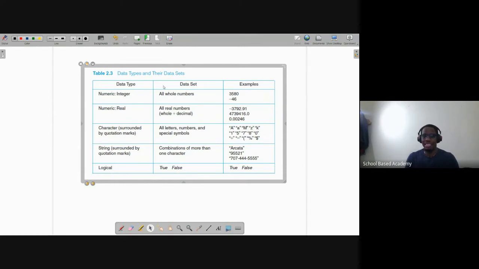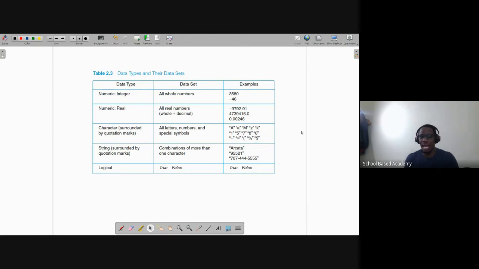These are the data sets, all of the numbers in there: all whole numbers, all real numbers, all letters inside a character, all letters, numbers, and special symbols. Then we have string values, where you have a combination of multiple characters. And logical, true or false, is by itself. It is as it is.